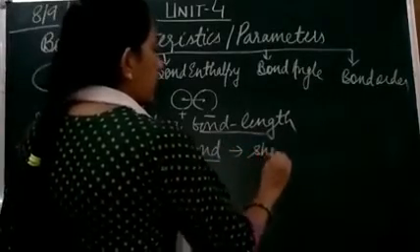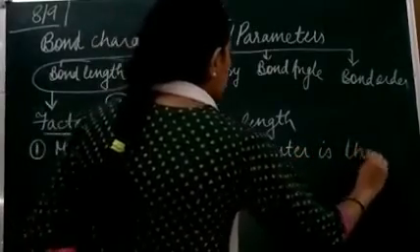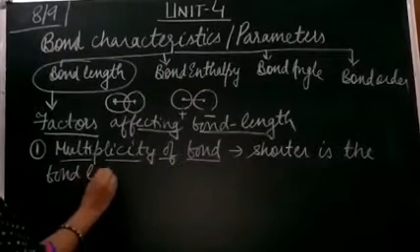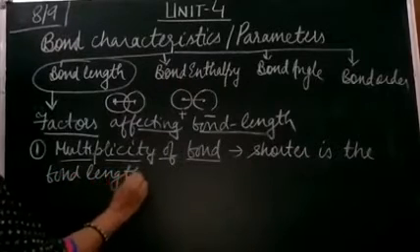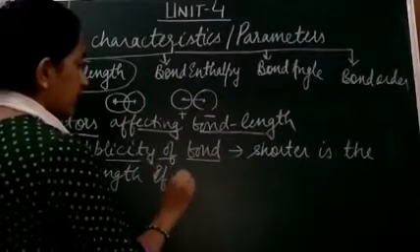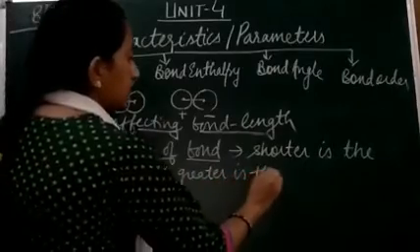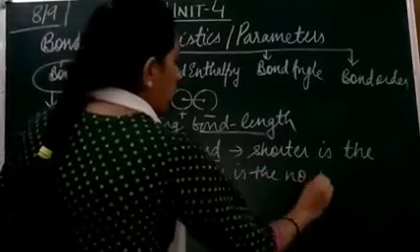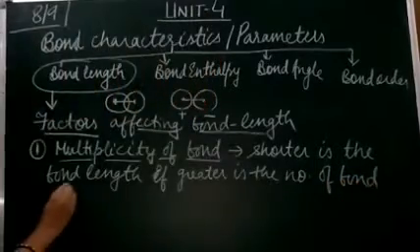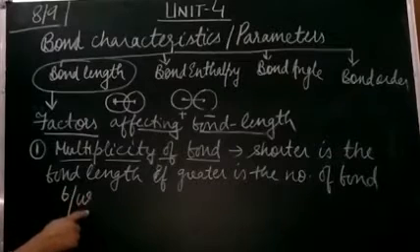So here, shorter is the bond length, if greater is the number of bonds between, now students here B slash W stands for between, right?